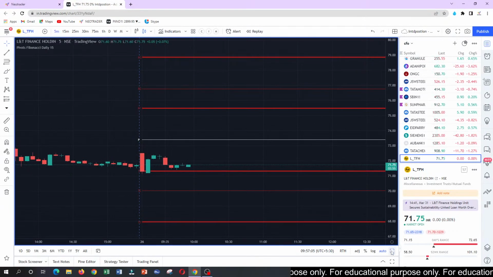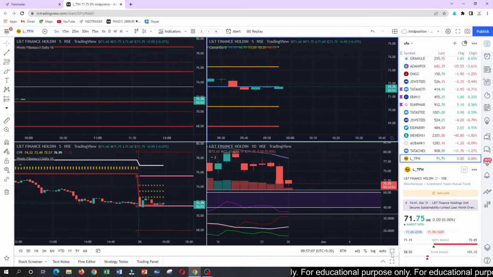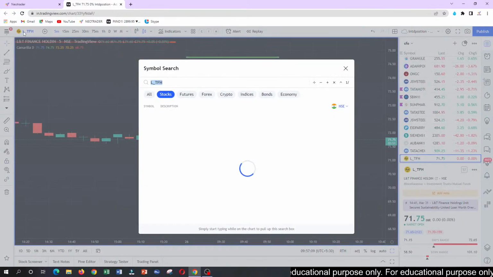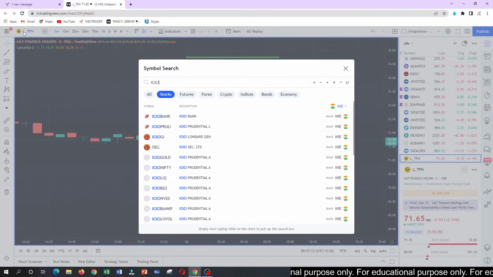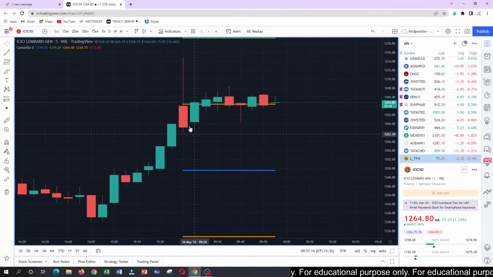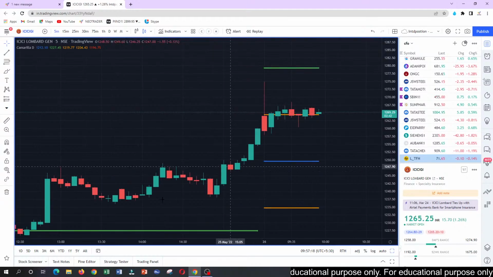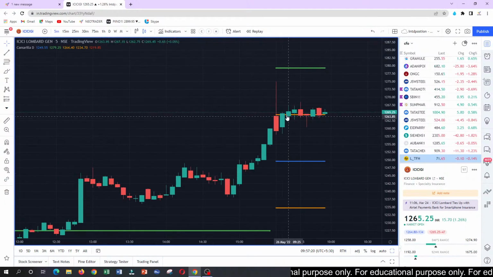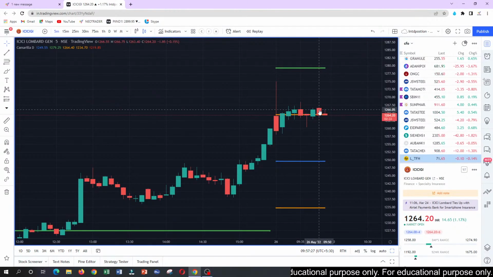Let me go to ICICI GI. Okay, I can see that it is in a pretty good uptrend and it is broken above its H3 level, but it is moving very sideways here.